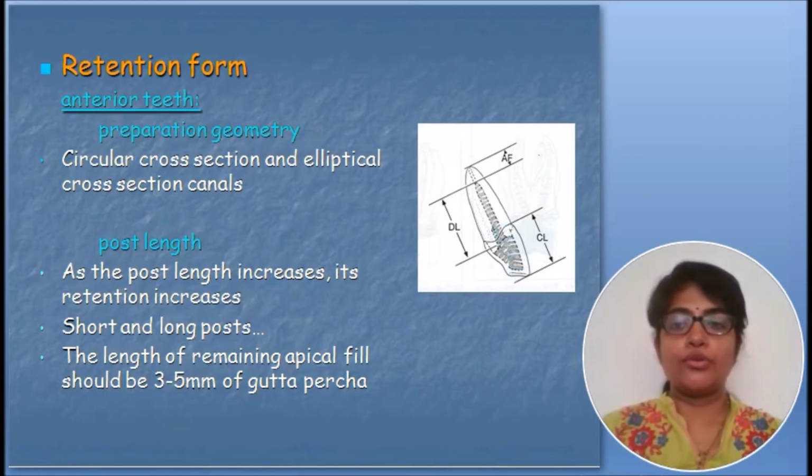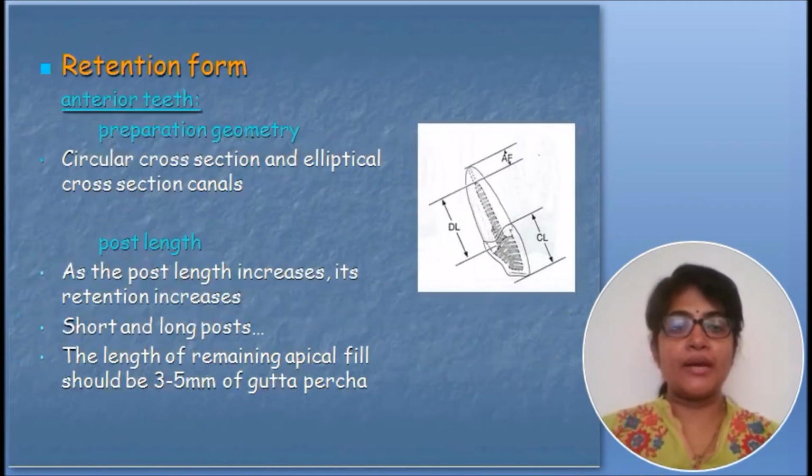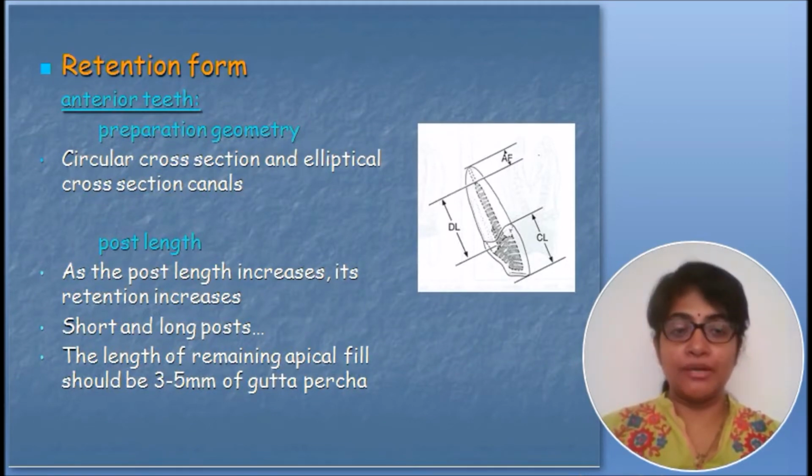So to get an adequate retention form in anterior teeth, the preparation geometry is very important. The circular cross section and elliptical cross section canals are there. So when we are preparing, we have to keep in mind that the cross section may be different for different patients. As the post length increases, its retention increases.